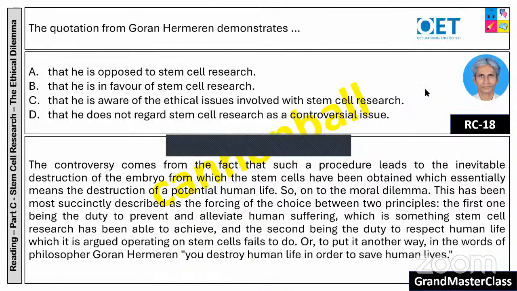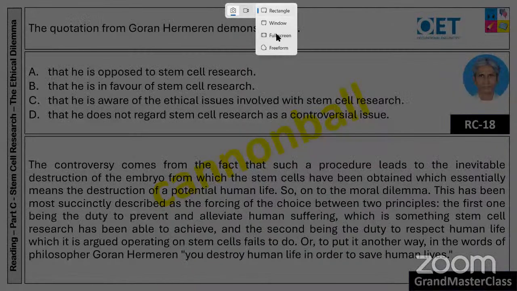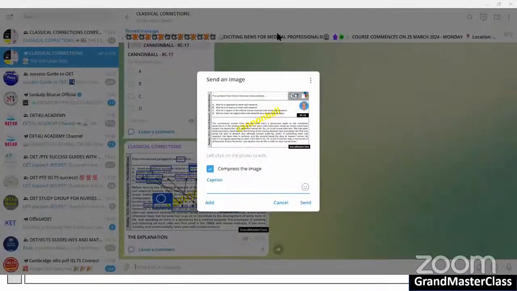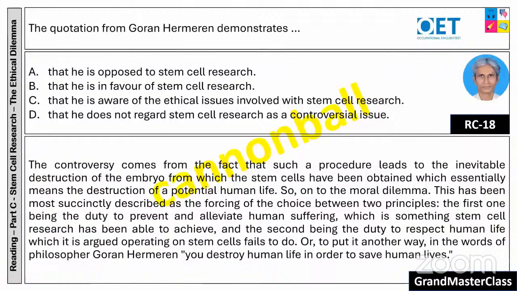So here is the question, Cannonball RC 18. Go to print screen, full screen. You can prepare for this question. You have 90 seconds.